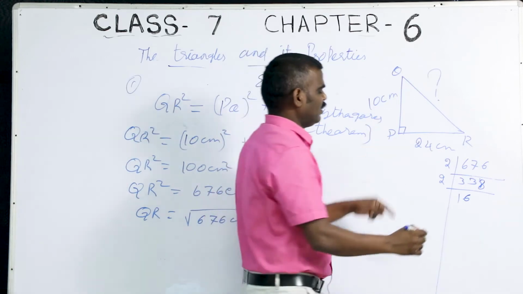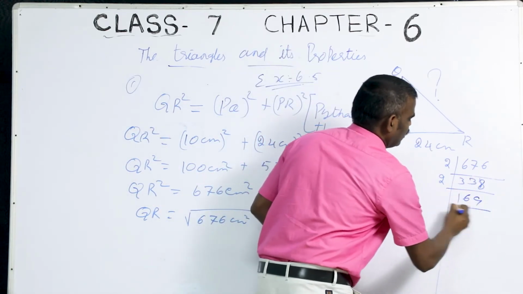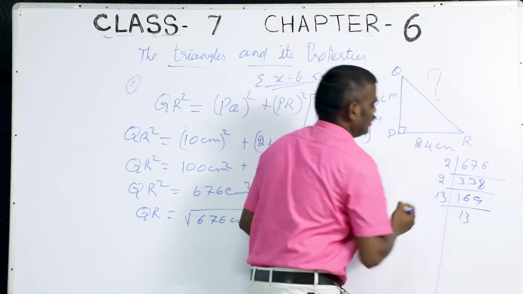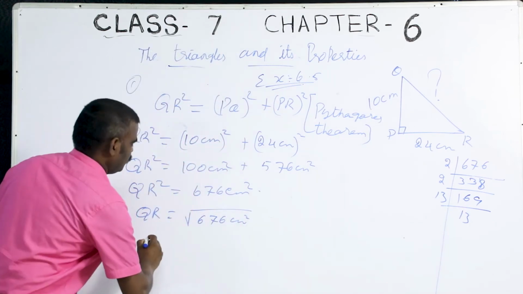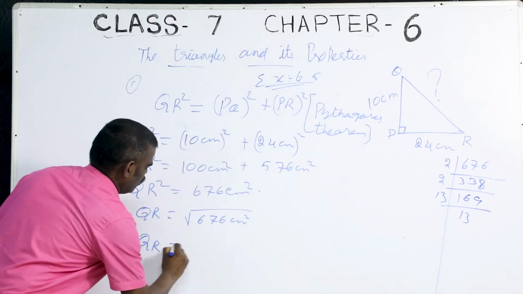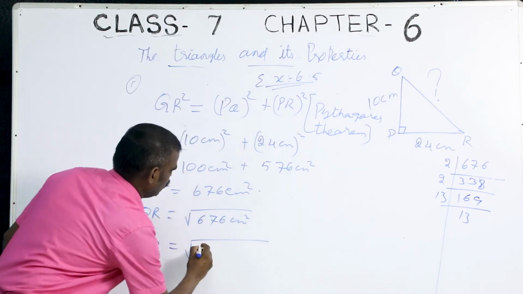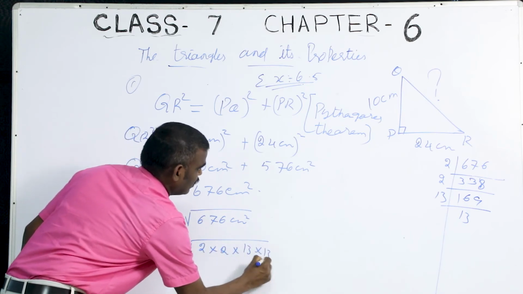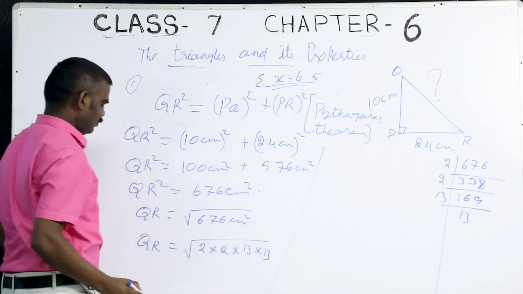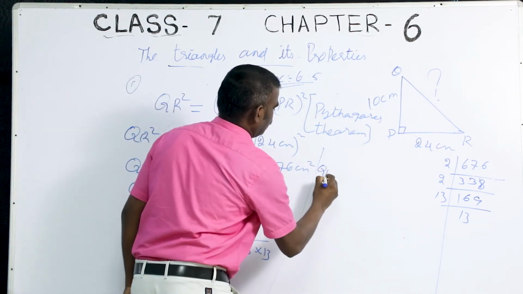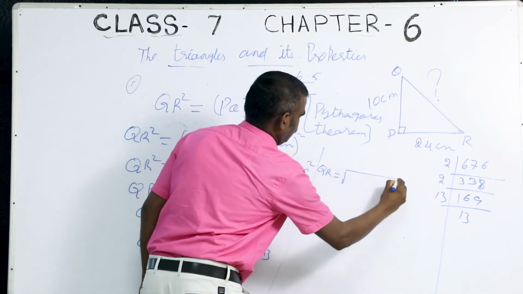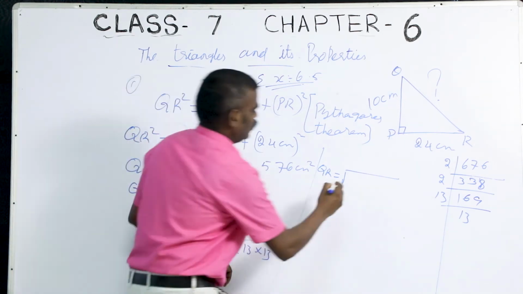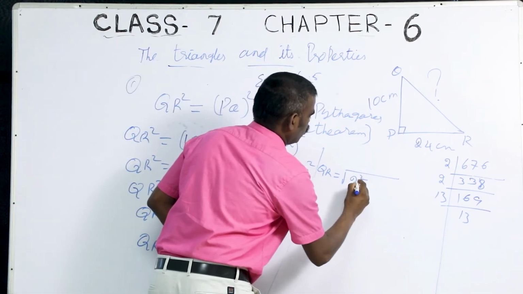Again 1 remainder, 18. 9 2s are 18. 13 into 13, 169. Okay. So QR equals 2 into 2 into 13 into 13. So QR equals, 2 times coming, right? You already learned, so we will take 2 square.